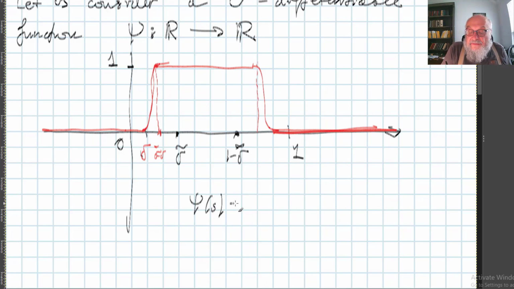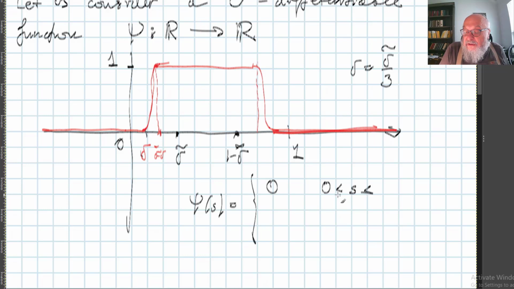So we have psi of S, where delta is equal to delta tilde by 3. Then this will be equal to 0 if S is between 0 and delta, or if 1 minus S is between 0 and delta.